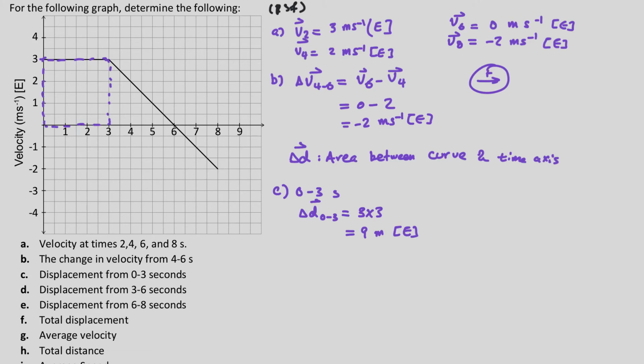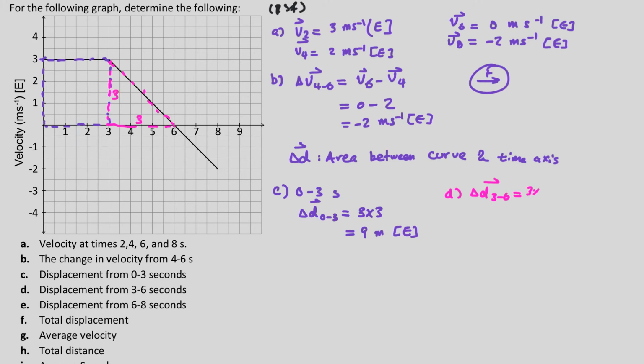The next area is from 3 to 6 seconds, so that's the displacement from 3 to 6 seconds. I have to look at the next area, which is here to here. Base here is 3, height here is 3.